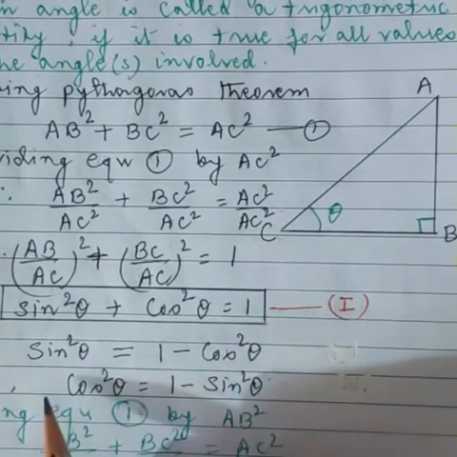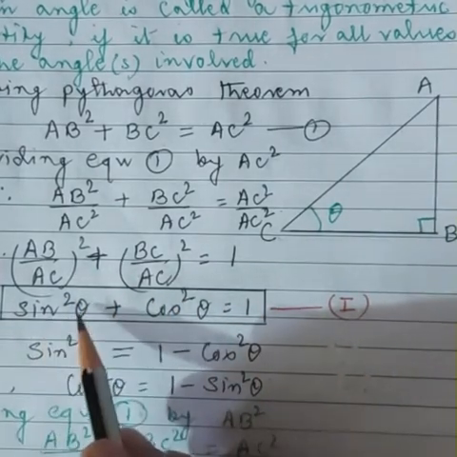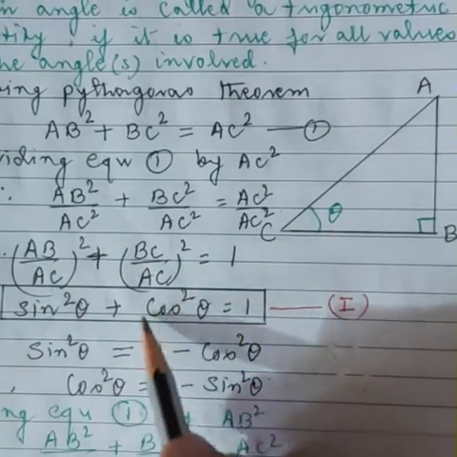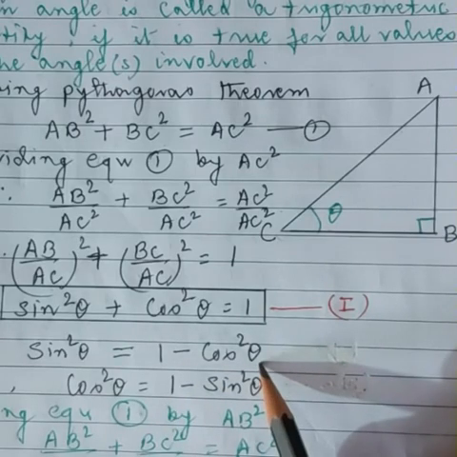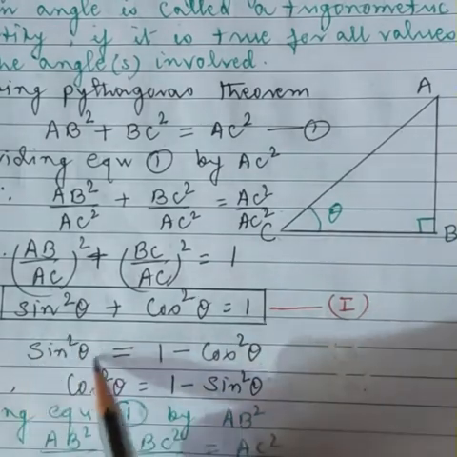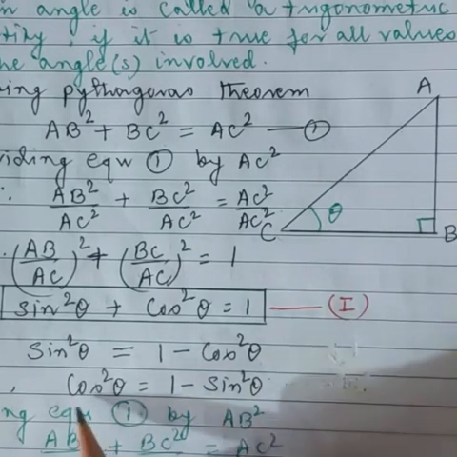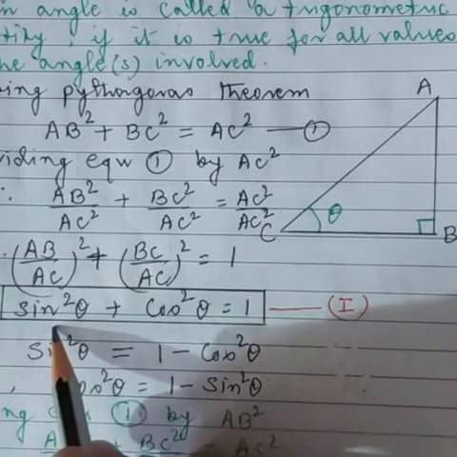Now using this equation only, we can write sin square theta equal to 1 minus cos square theta, with cos square theta transposed to the right hand side. So the second one is sin square theta is equal to 1 minus cos square theta, and third, cos square theta is equal to 1 minus sin square theta.